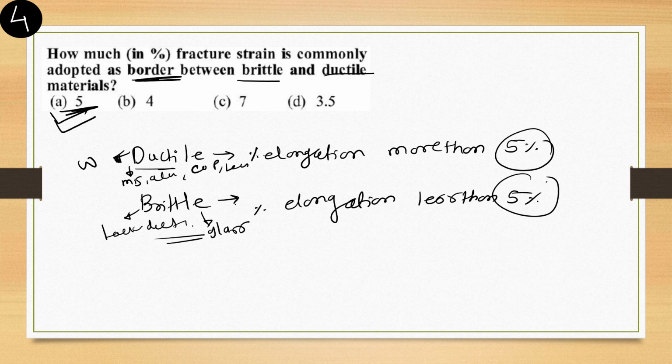You can remember it like this: DW, ductile wires. If we need to convert the material into wires, then tensile force is required. So ductile materials bear tensile force.